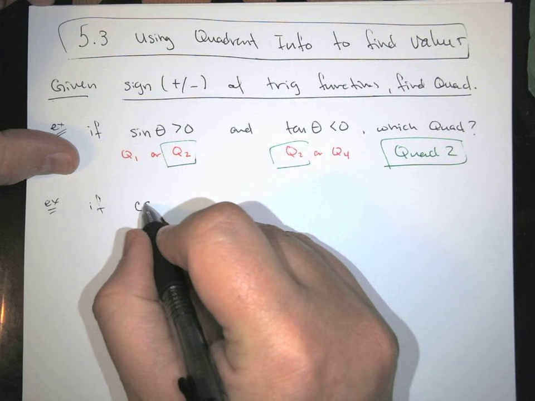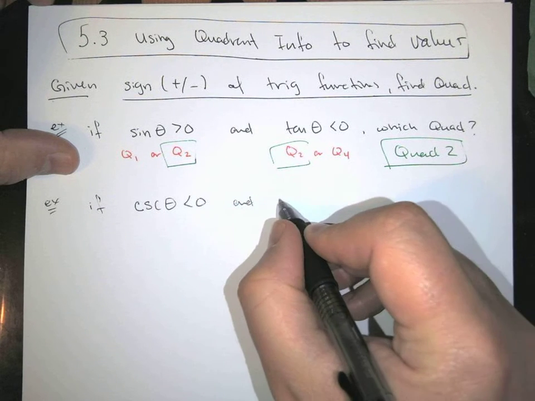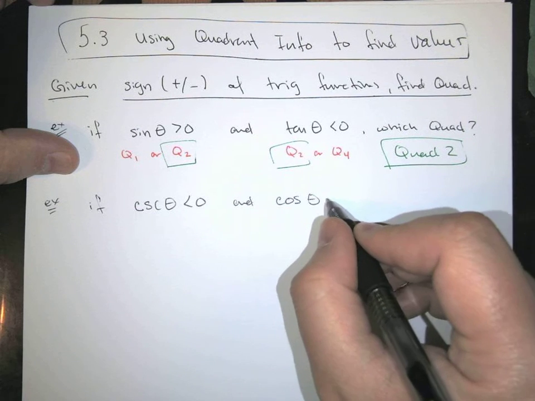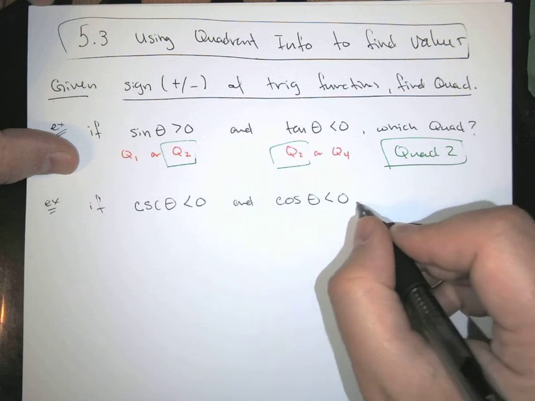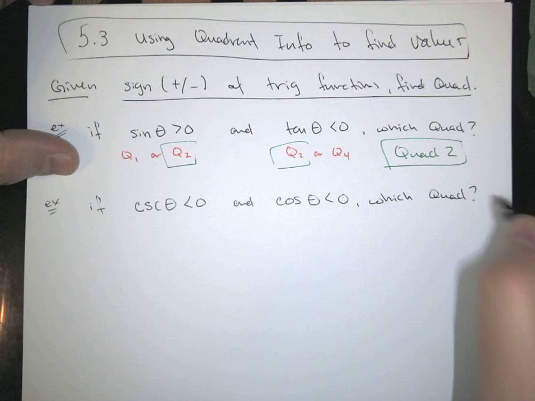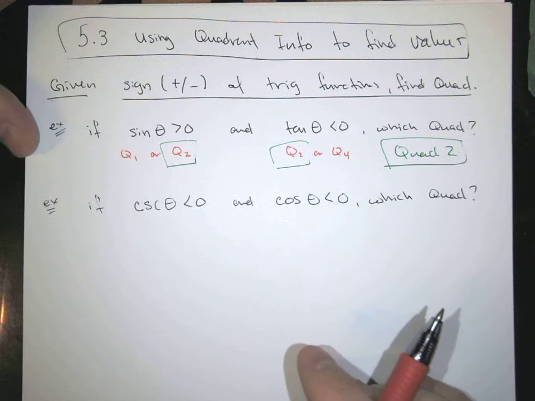If cosecant of theta is negative and cosine of theta is also negative, which quadrant? First and foremost, let's figure out what's going on for each of these.